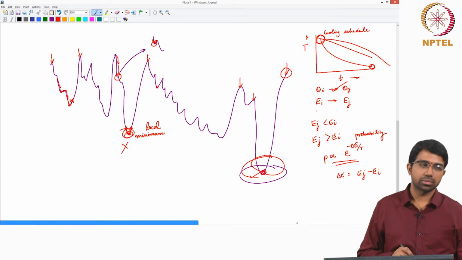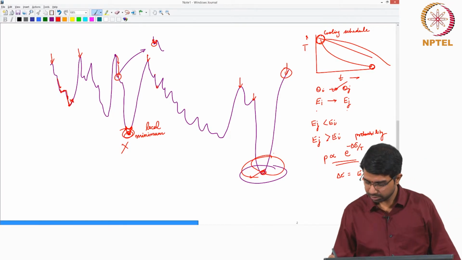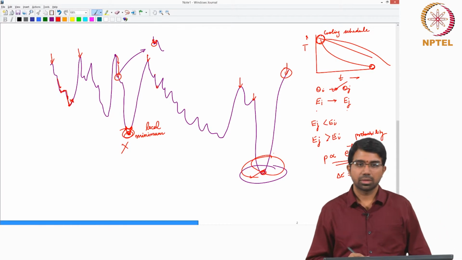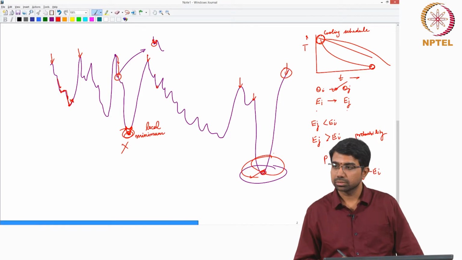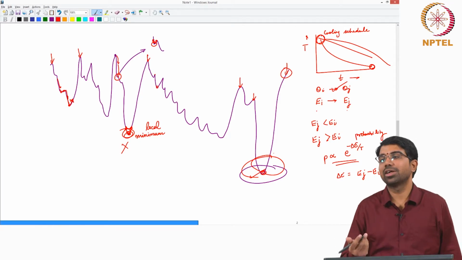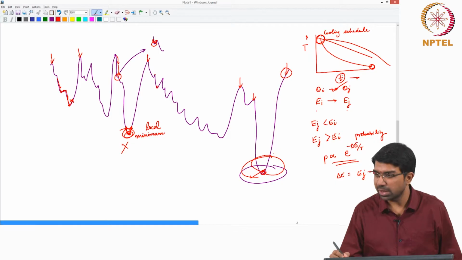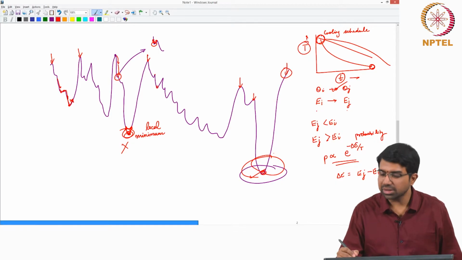So what is capital T here? Temperature, some notion of temperature. It could well be your number of iterations. T is some parameter that tells you that you need a cooling schedule.